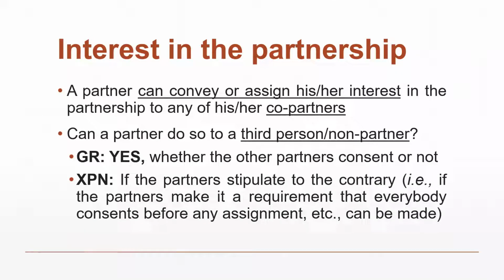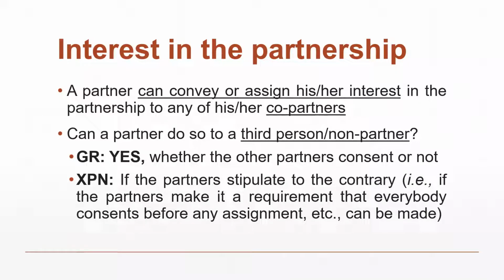Kagaya ng diniscuss natin kanina, of course, the answer is yes. Whether the other partners consent or not. Yung tinatawag nating sub-partnership. Of course, yung assignee o sub-partner is not elevated to the level of a partner. It is only when all of the other partners consent that the sub-partner can evolve or level up, so to speak, into partner status and is, as a result, admitted to the ranks of the partnership.